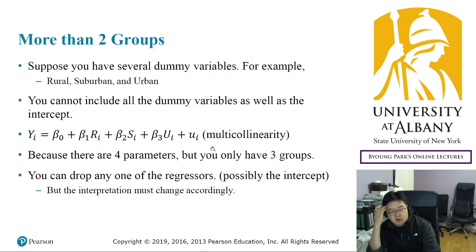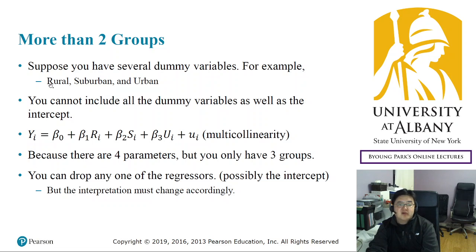And the same intuition holds even when the model becomes more complicated. For example, if the dummy variable has more than two groups, like three groups, rural, suburban, urban, suppose that they are exhaustive, so you have to choose one of the three.